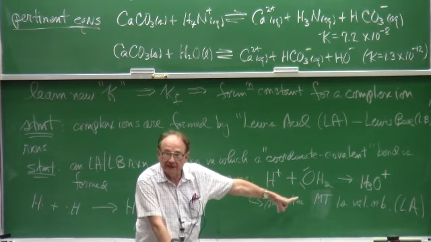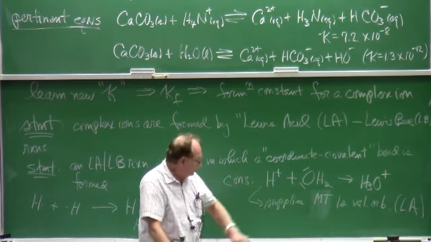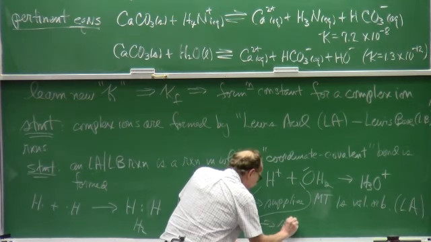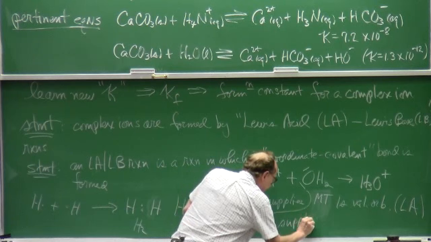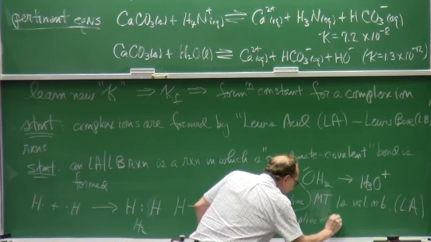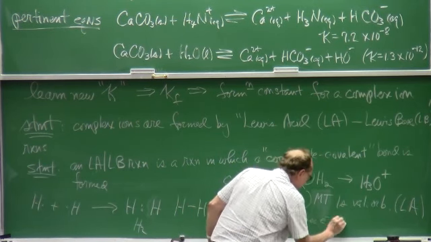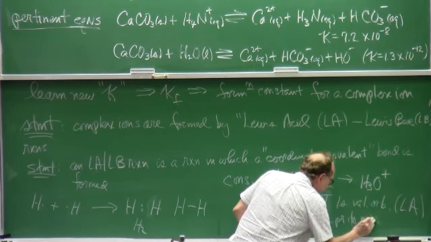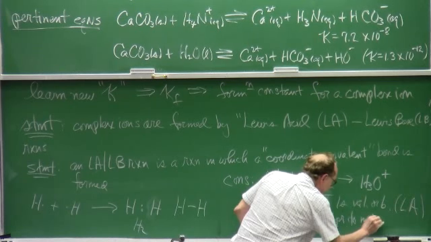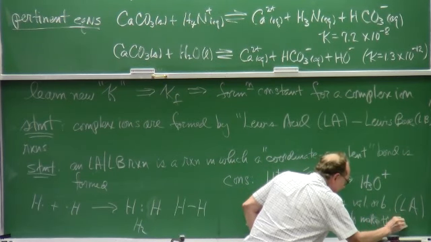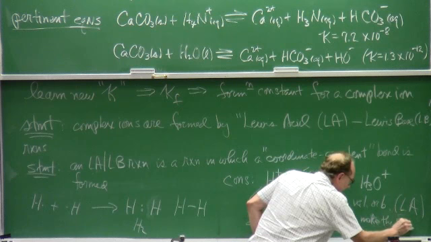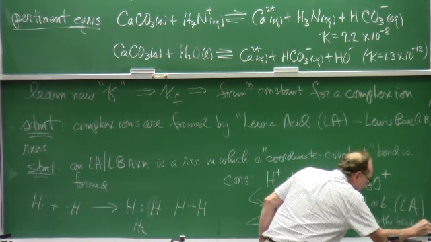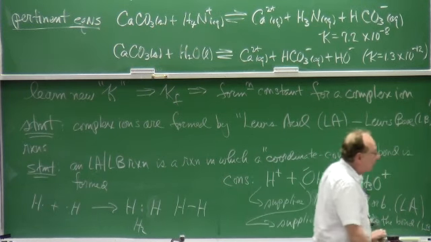And that which supplies the electron pair to make the bond is the Lewis base. Supplies electron pair to make the bond. That's the Lewis base. Let's write that down more clearly over here.